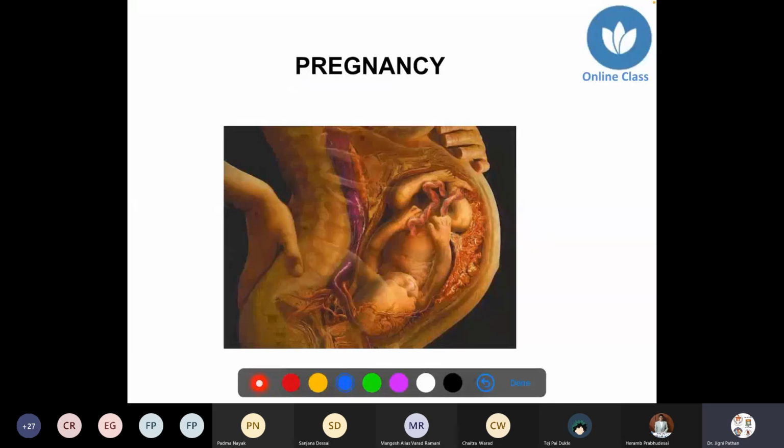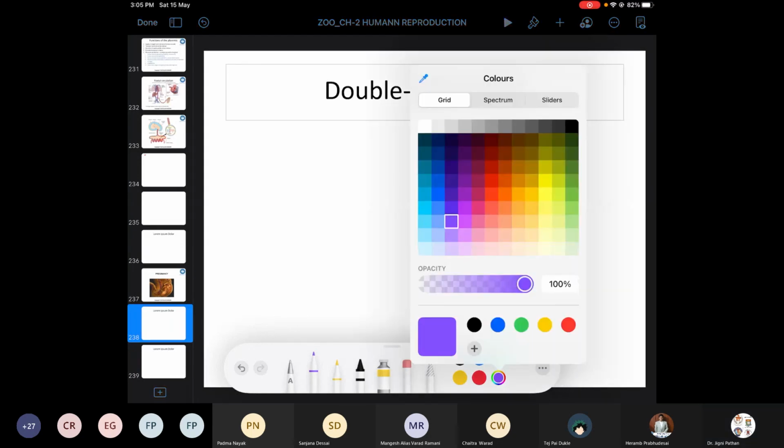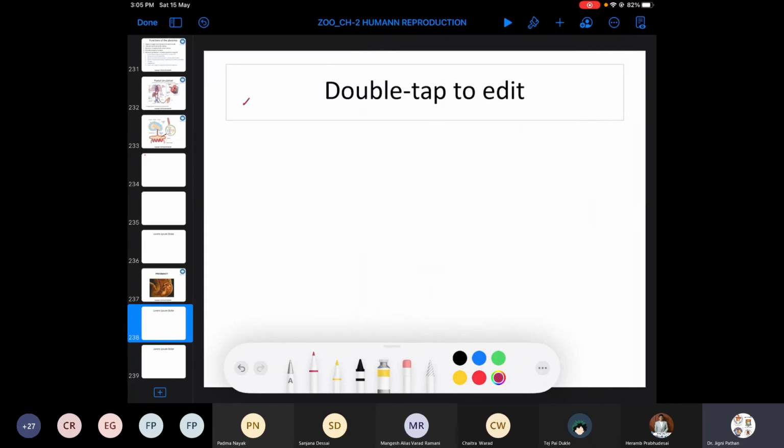Okay. Next, what is the gestation period? Gestation period: time between conception to birth.